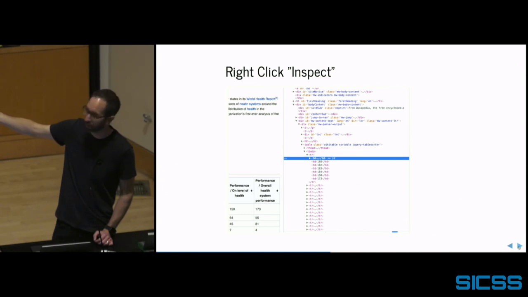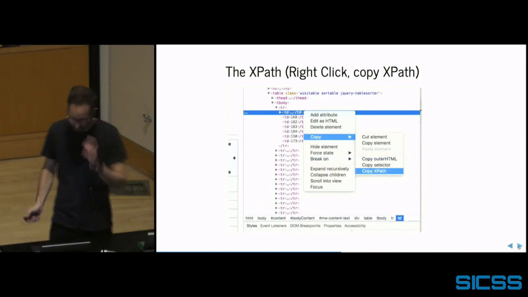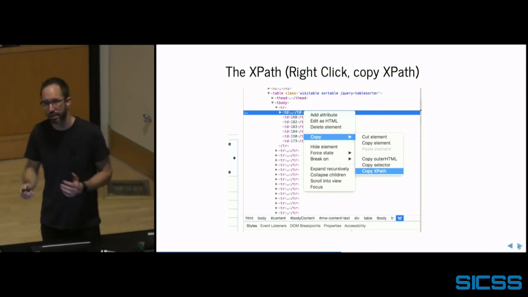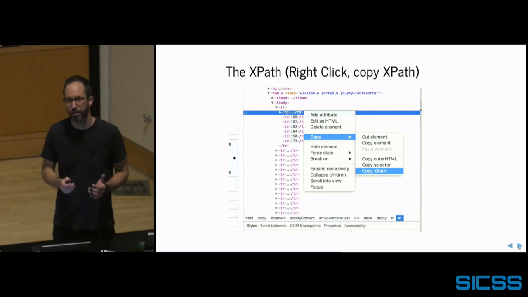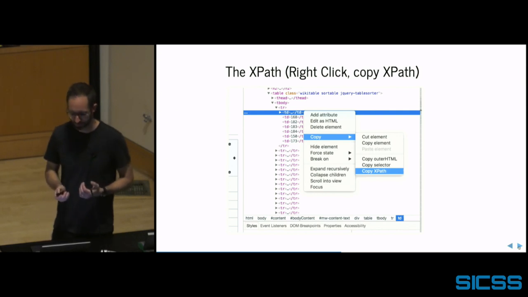And if we right-click with our mouse, we can then choose Inspect. And if we inspect, we then are allowed to use this copy menu to copy something called the XPath, which is a character string that helps us parse the HTML. It helps us figure out which part of the HTML contains the data that we want.